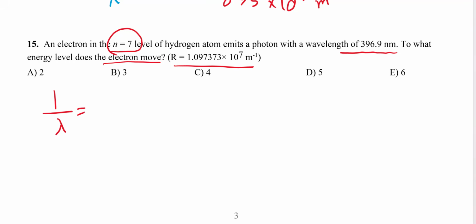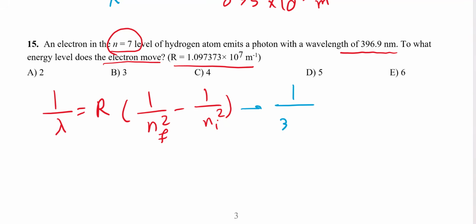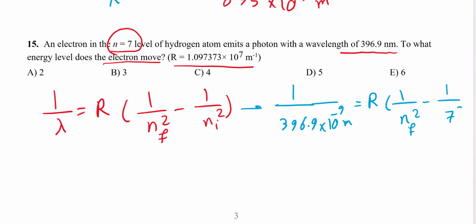1 over lambda is equal to R times 1 over n final squared minus 1 over initial squared. And lambda is 396.9 nanometers, so we should write times 10 to the negative 9, equal to R times 1 over final state, we don't know, minus initial state, which is 7, so 7 squared, or let's just write 49.